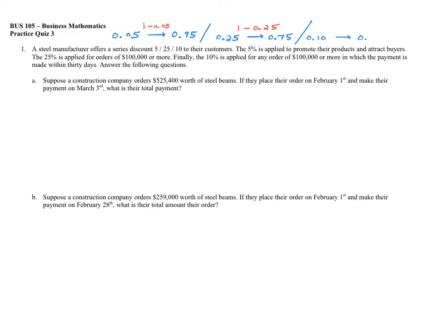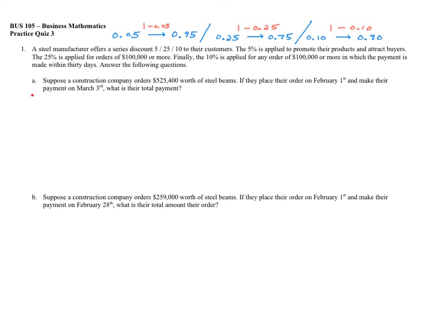Subtracting that from 1 gives you 0.9. The reason I like to write down these 3 decimals is we're going to apply these numbers to the values that appear within the problem. This is the discount, but using this value tells you how much you would actually owe.